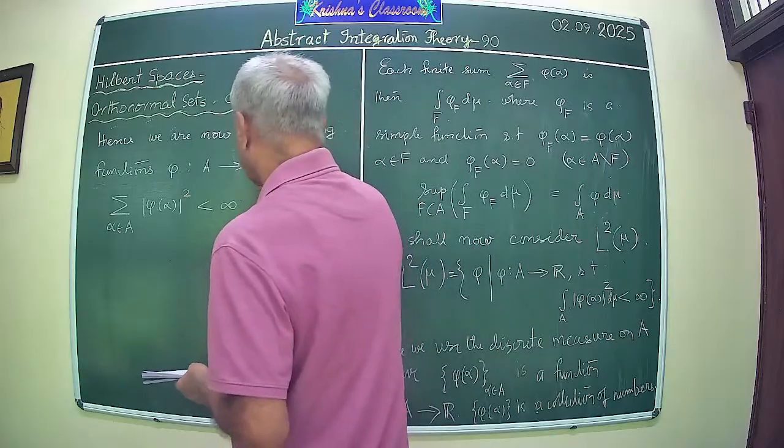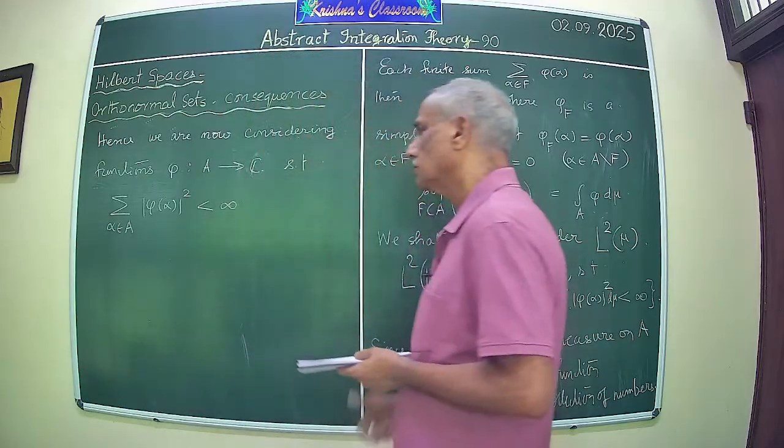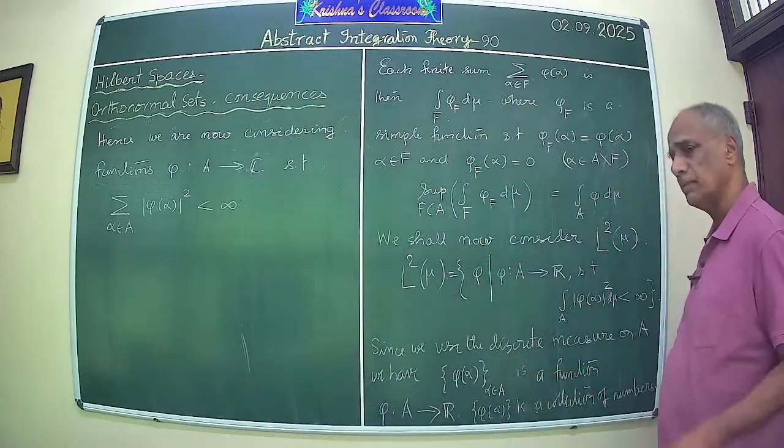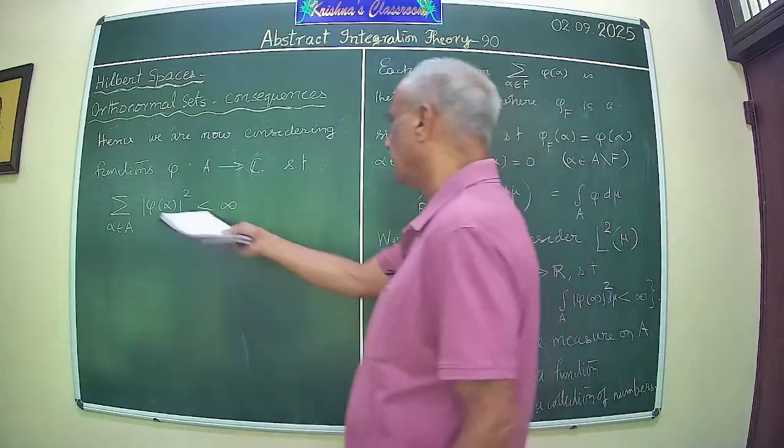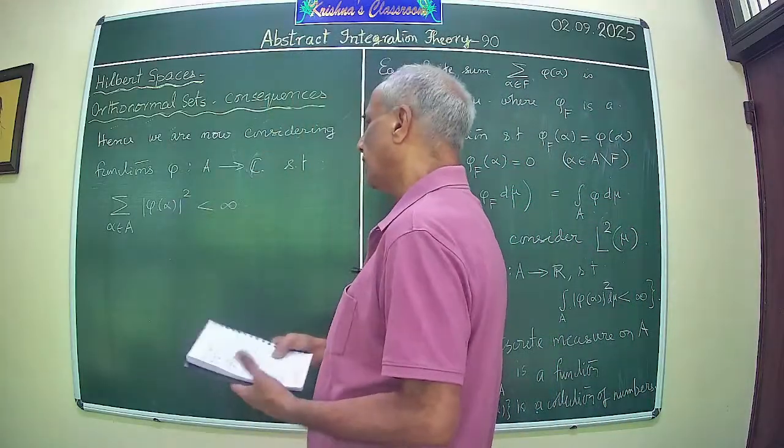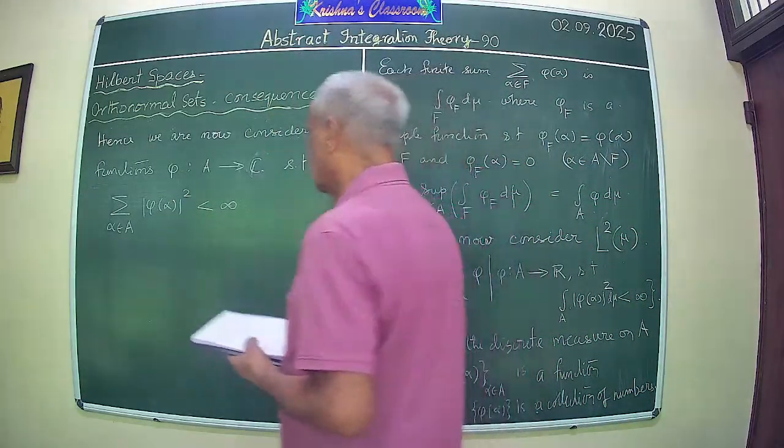We are considering complex functions. I am taking a general scenario. If you are taking real functions, then it is simply phi alpha squared, right?